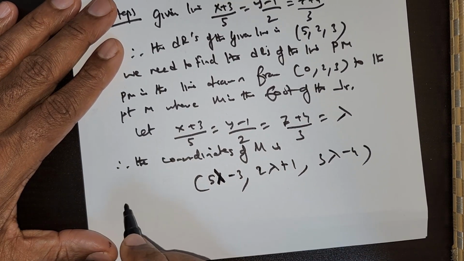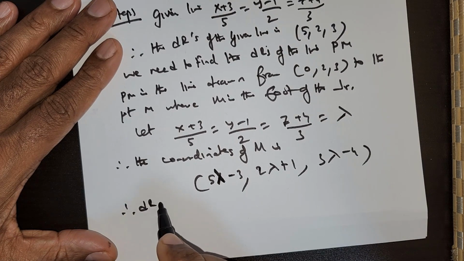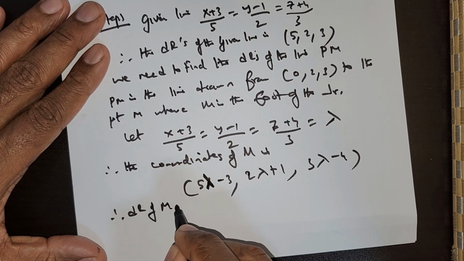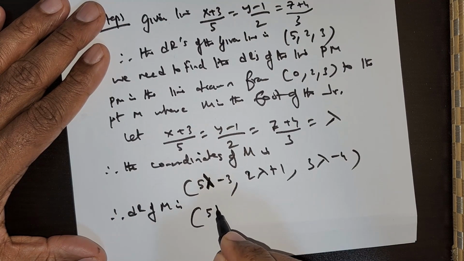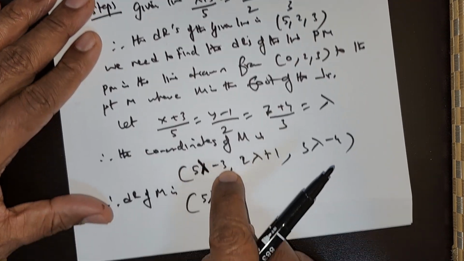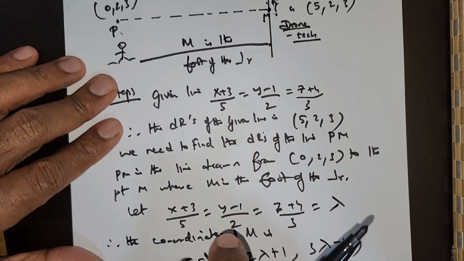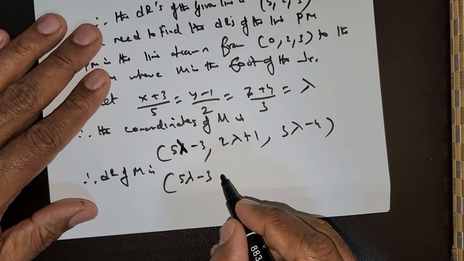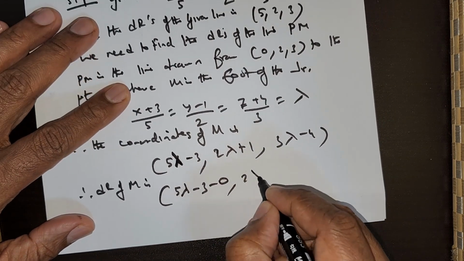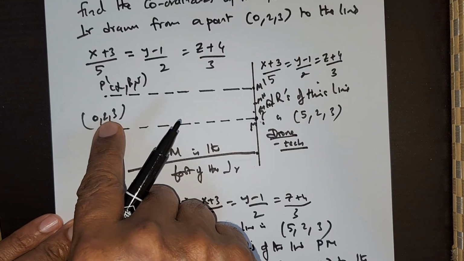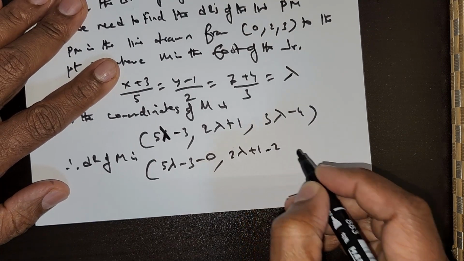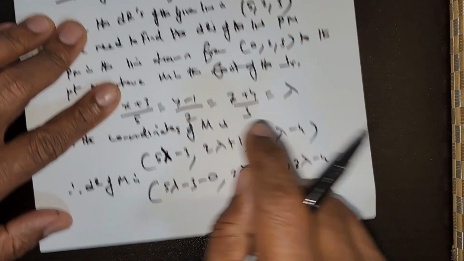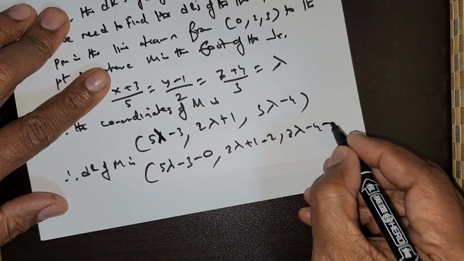Now we need to find the directional ratio. The DR associated with PM is obtained by subtracting the point (0, 2, 3) from this particular point. So 5λ − 3 − 0, 2λ + 1 − 2, and 3λ − 4 − 3.